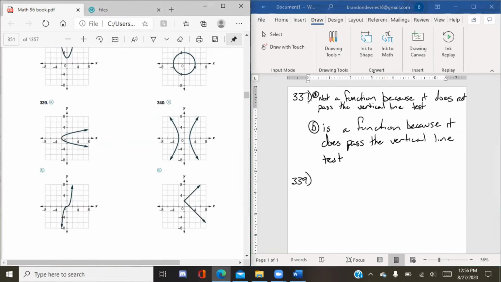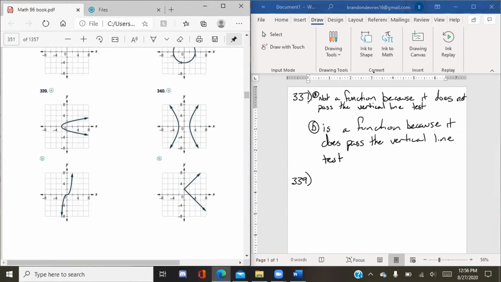Okay. So 339 A is not a function because it's the same thing, it hits it all over. It passes the line twice, so it doesn't pass. Pretty much everywhere it passes twice.